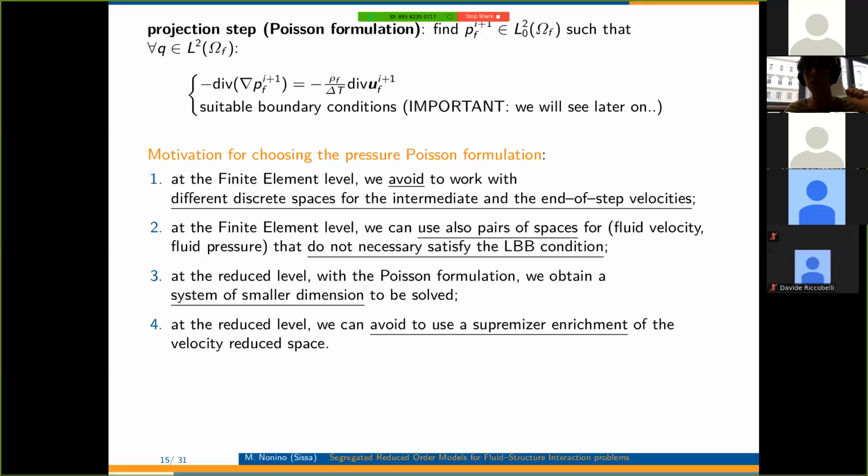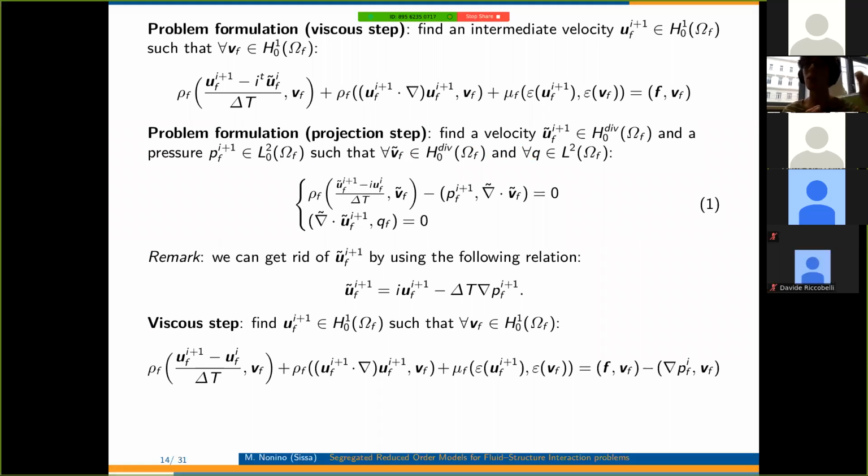But if I'm focusing on the fluid problem, then it's still a question mark what happens to the end-of-step velocity. You have two velocities here, the intermediate velocity and the end-of-step velocity. Say you're interested just in a CFD problem. The intermediate velocity is a solution to a viscous problem, but that velocity will not satisfy a divergence-free condition, because you're not asking for that. So when looking at the results, is this a divergence-free velocity or not?